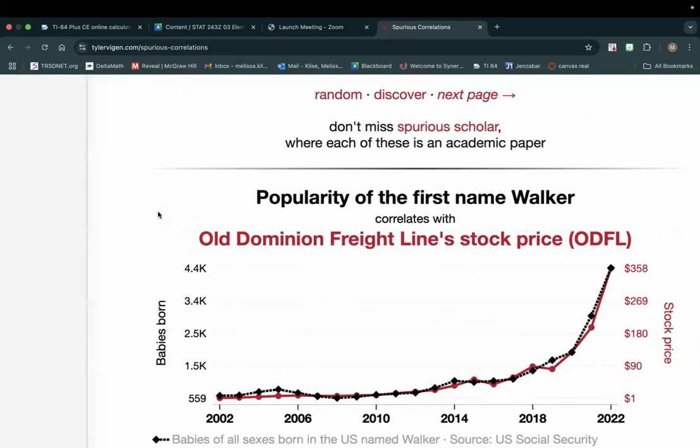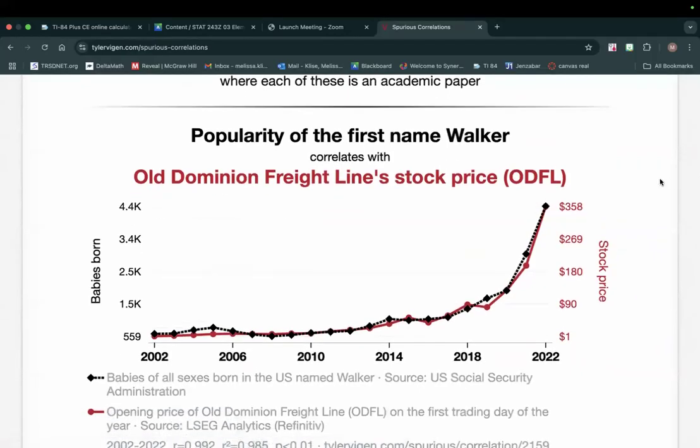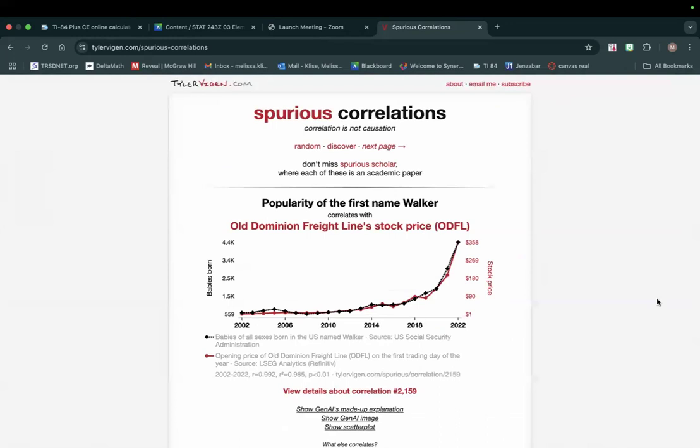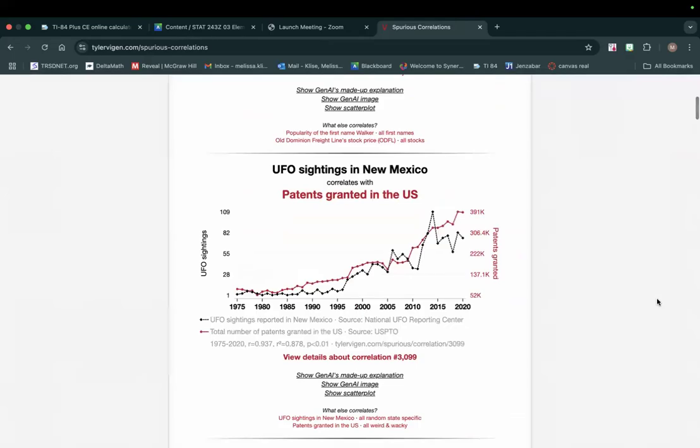Like right here, popularity of the first name Walker correlates with Old Dominion Freight Line stock price. The R value is 0.992. There's some really funny ones in here. Let's see here. UFO sightings in New Mexico correlates with patents granted in the US. R value of 0.937.